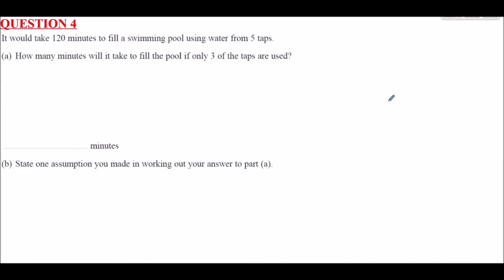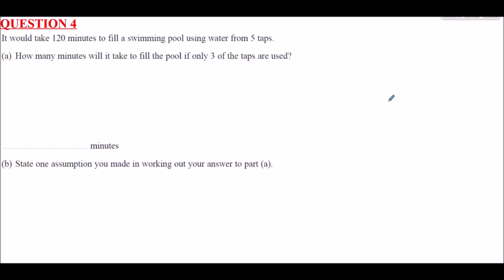Question 4. This is one of these newfangled ratio type questions and proportion. We're told it would take 120 minutes to fill a swimming pool using water from 5 taps. Part A: how many minutes will it take to fill the pool if only 3 taps are used? Let's imagine 5 taps running as fast as they can to fill up a swimming pool.